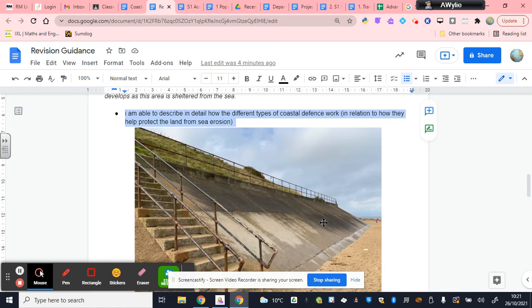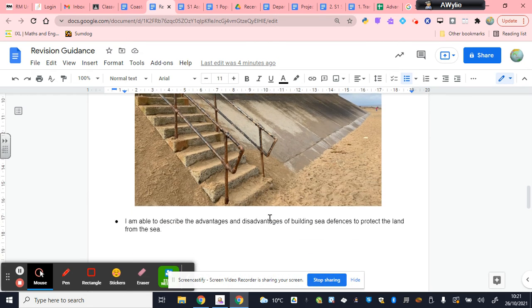Here we have a picture of a seawall, and the seawall works in a number of different ways, but you would be asked to describe in as much detail as you can how does this actually help protect the land from sea erosion. And you want to be able to do quite a lot of them, so don't just focus on one. Make sure that you are able to tell me the story of how a number of them work. Once again, the more detail you give in your answer, the better the mark you're going to get.